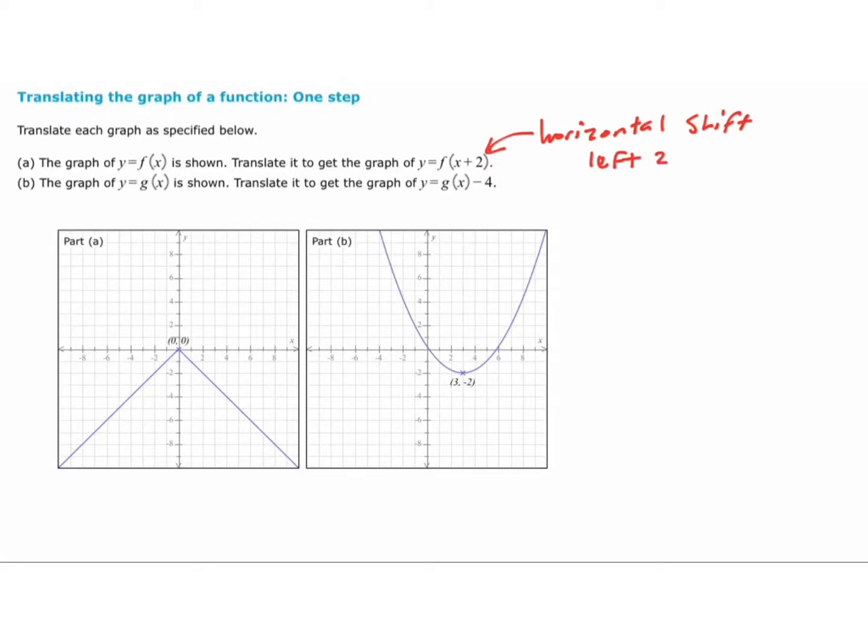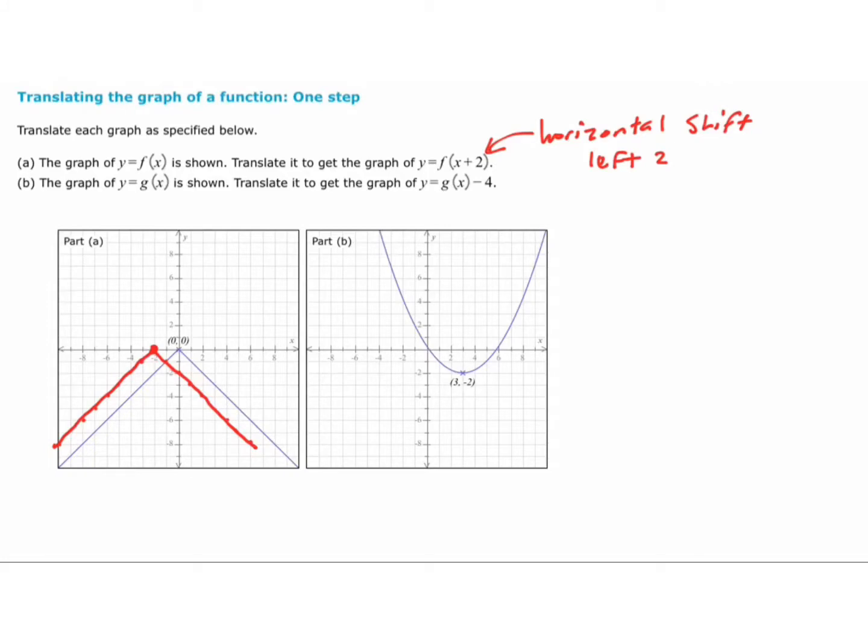For this particular absolute value function, we're essentially going to take this point and move it 2 to the left. Then we're moving every other point 2 to the left so we can get our new absolute value function. And it's going to look something like this.